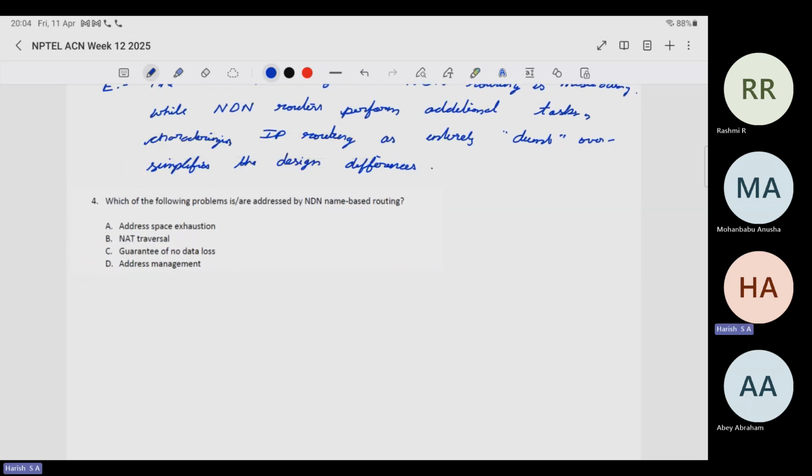Which of the problems is/are addressed by NDN name-based routing?